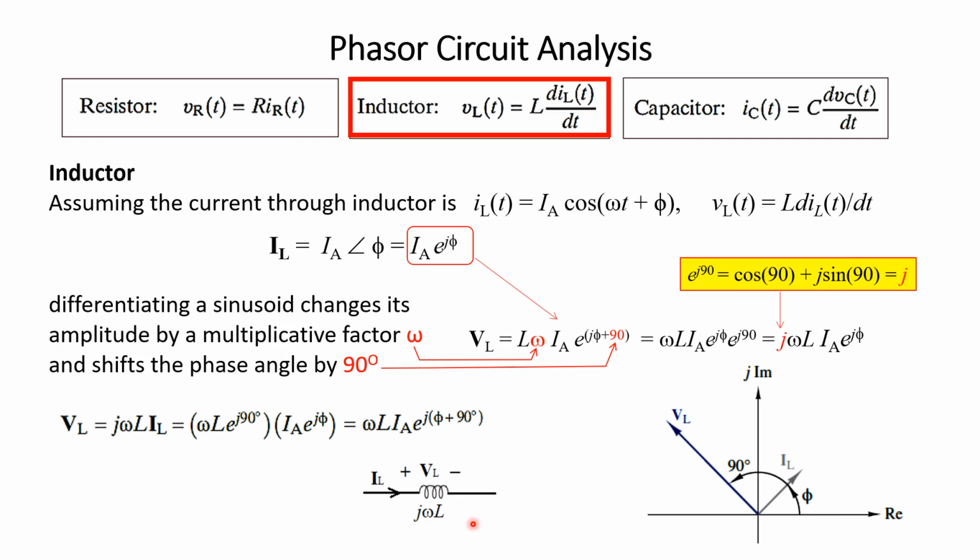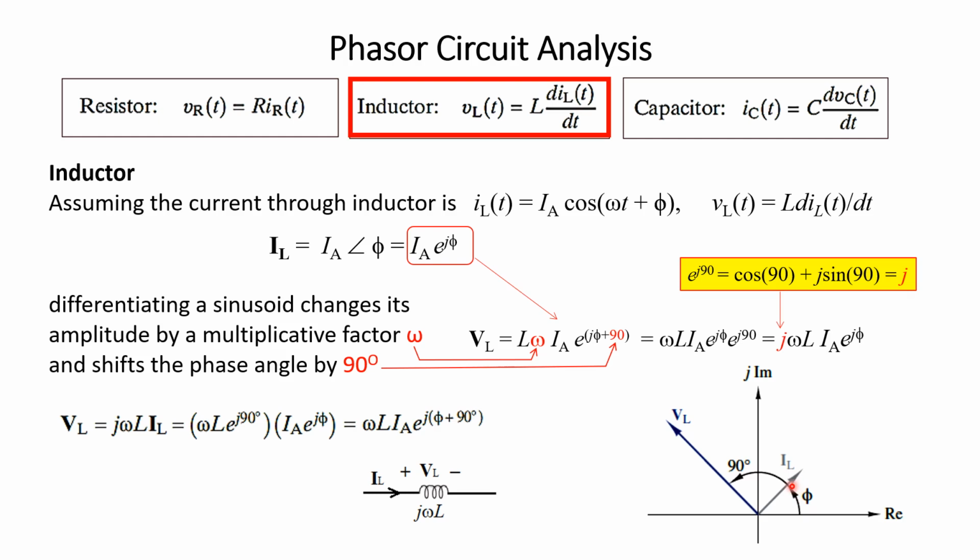And this is the phasor representation of I_L and V_L. Note that I_L has magnitude I_A and the phase angle is phi. In V_L, the magnitude of the inductor voltage is omega L I_A, and the angle will be 90 degrees plus the angle of the current.